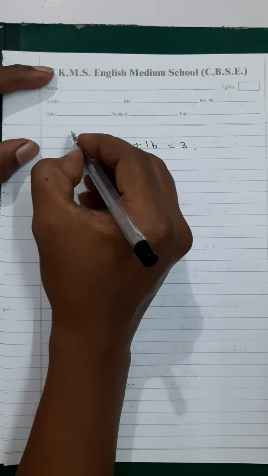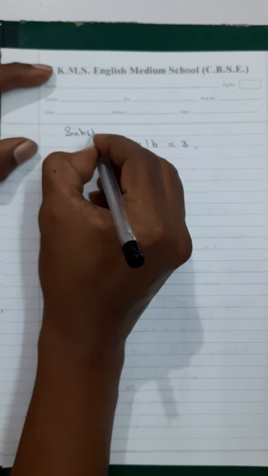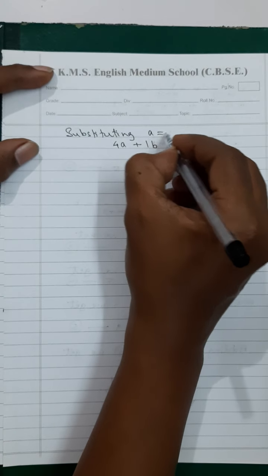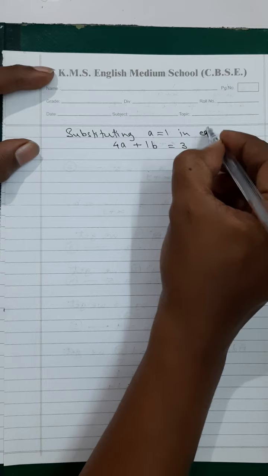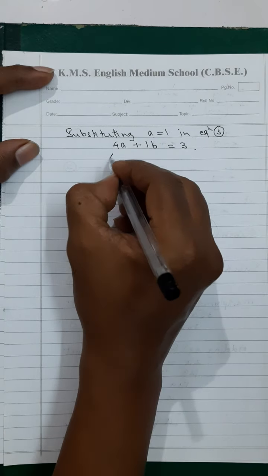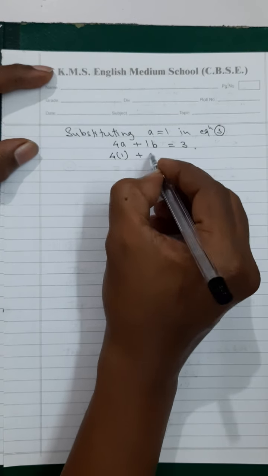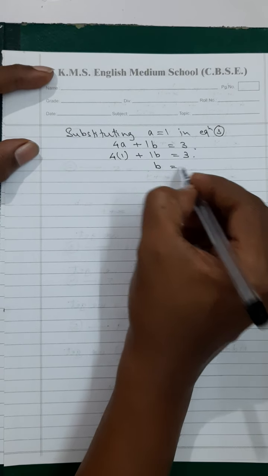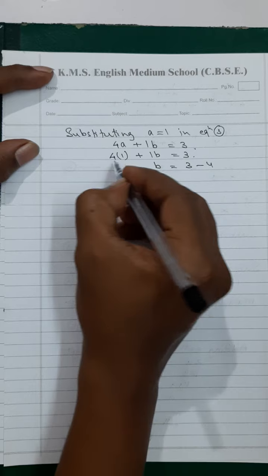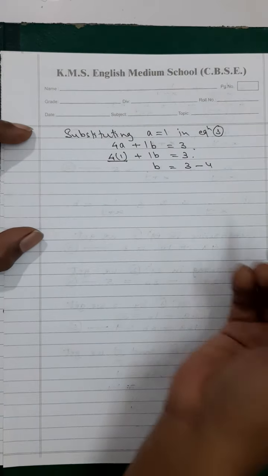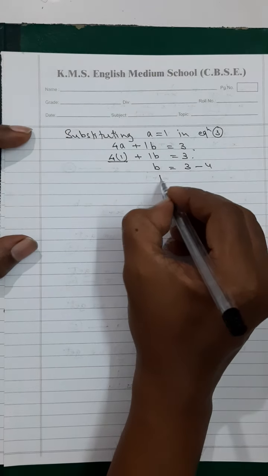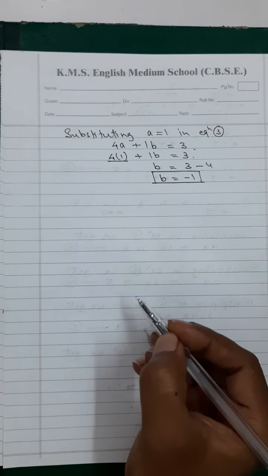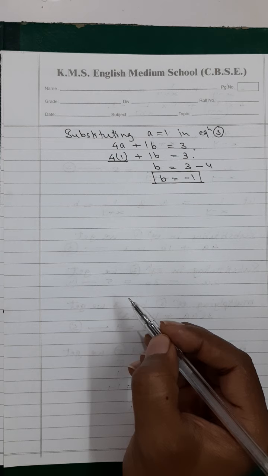Substituting a is equal to 1 in equation 3: 4 into 1, 1b means b is equal to 3 minus 4, right? 4 into 1 is 4, that shifts over there, minus 4. So b is equal to minus 1. So we have got the value of a and b.